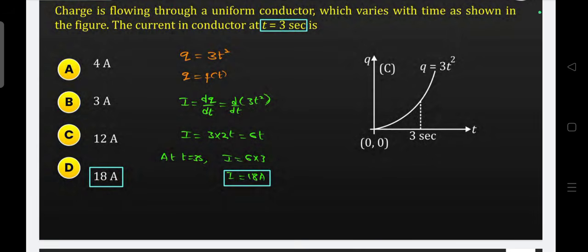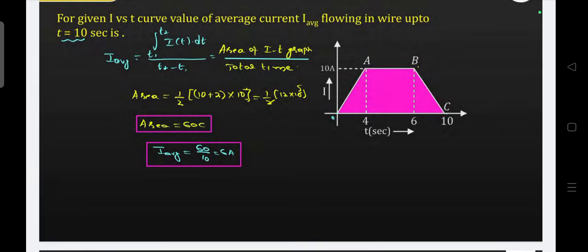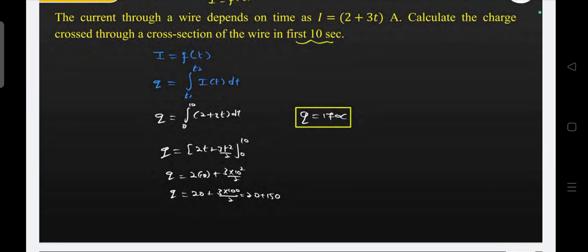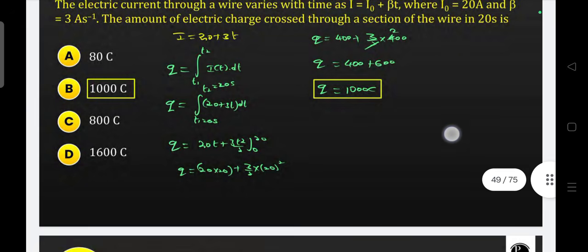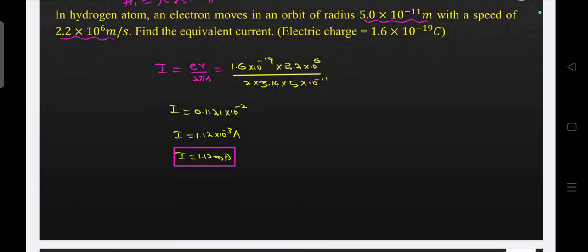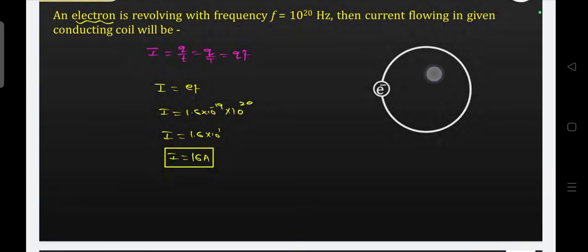Answer is 18 A. These are all the questions of electric current, an important chapter for KCET. So this is still electric current. Stay tuned for part 2.